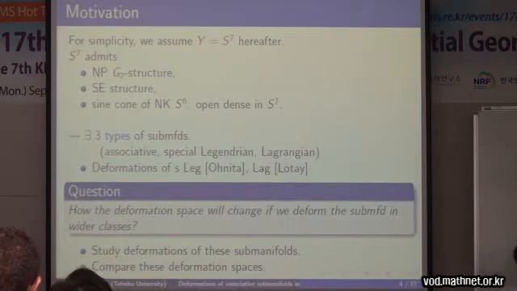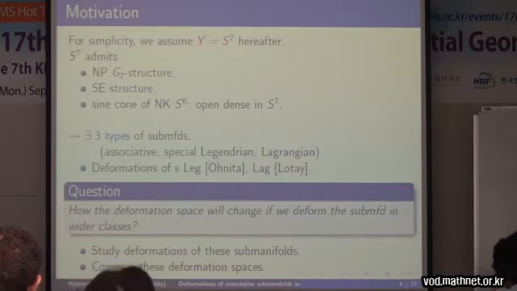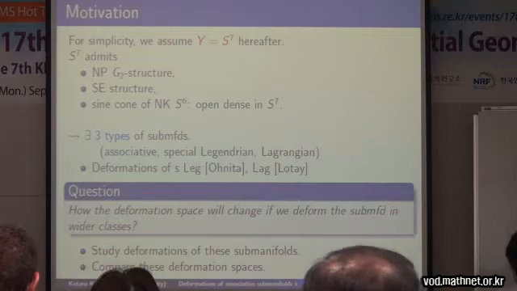So we deform a special Lagrangian, not only special Lagrangian but also associative or minimal, deform in a wider class. In the same way, deform Lagrangian as associative or minimal. So we want to consider this question.